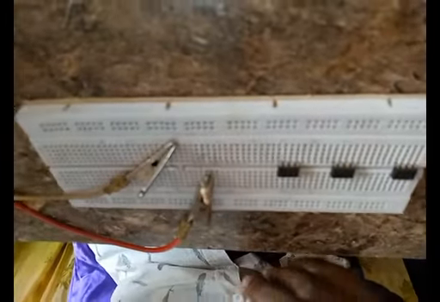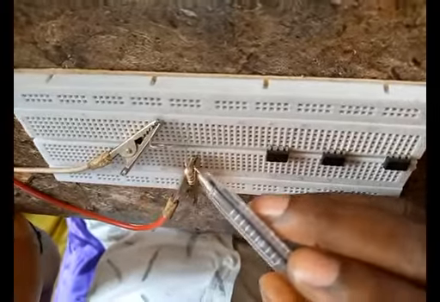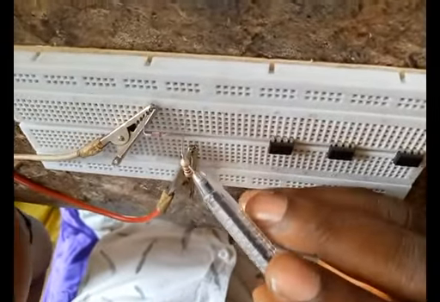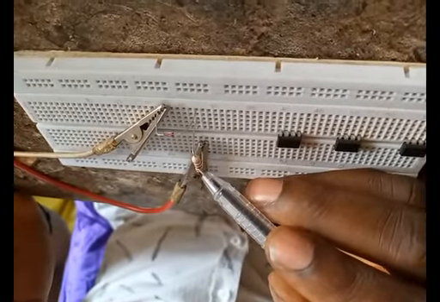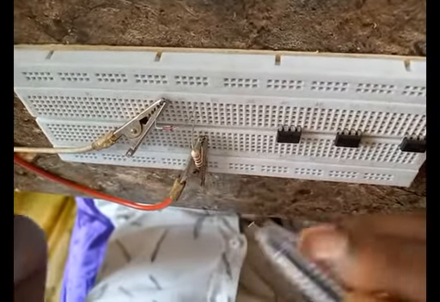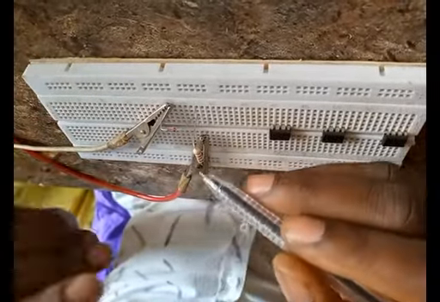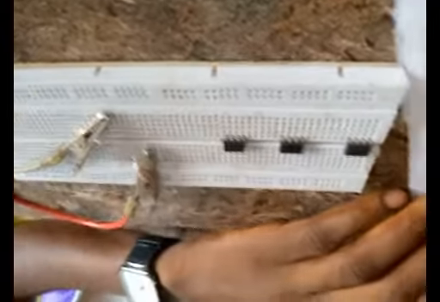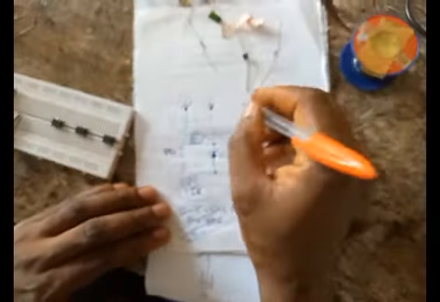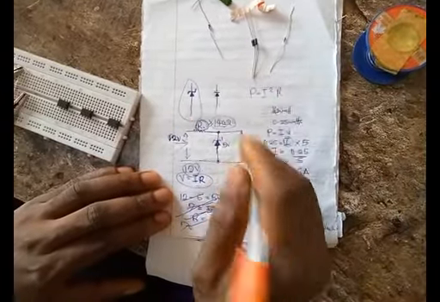But the last thing I would like to mention is the power rating of the resistor you use. This resistor is called the current limiting resistor. Now, what power rating do you use for this particular resistor? Already we know that P is current squared times resistance.